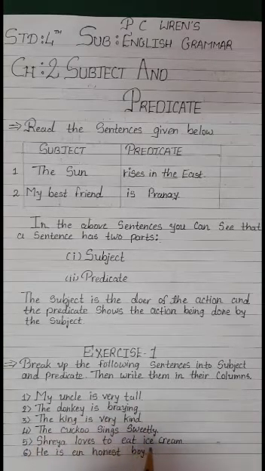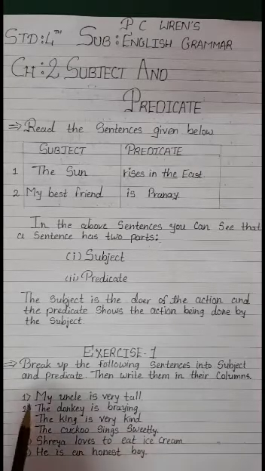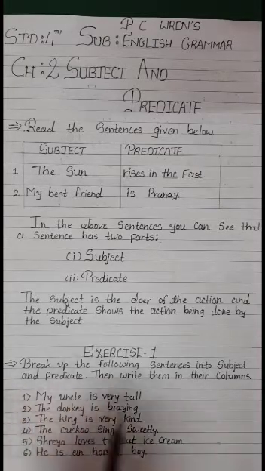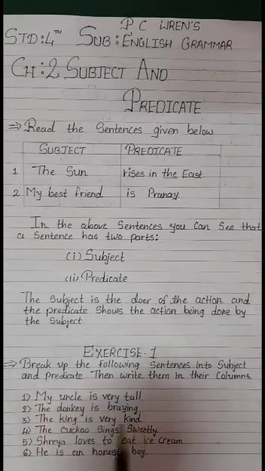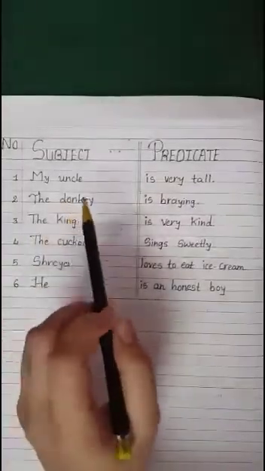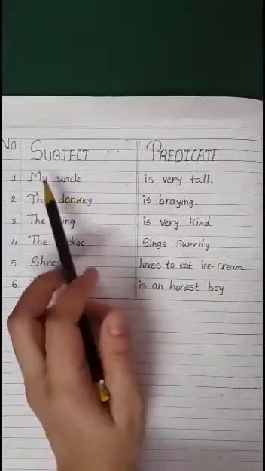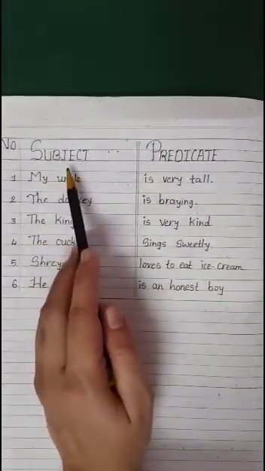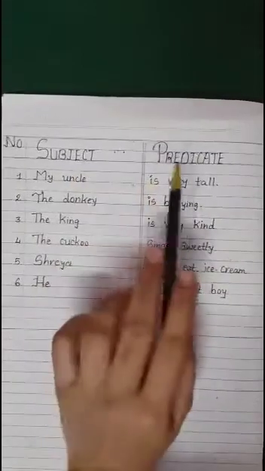Shreya loves to eat ice cream. He is an honest boy. Now, we need to divide these six sentences into two parts, subject and predicate.